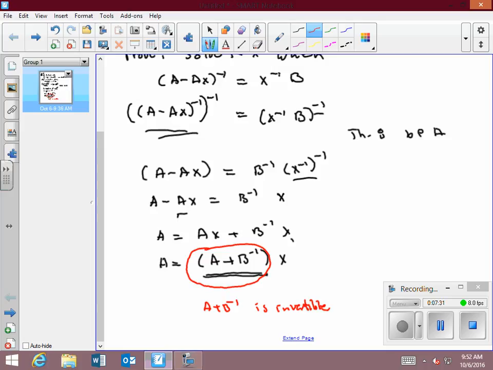And before we take the inverse of that, we have to show that it's invertible, and that theorem says that if a product of matrices is equal to an invert, then each of the two matrices has to be invertible. So that says that A plus B invert has to be invertible. And you can get that out of theorem 6.